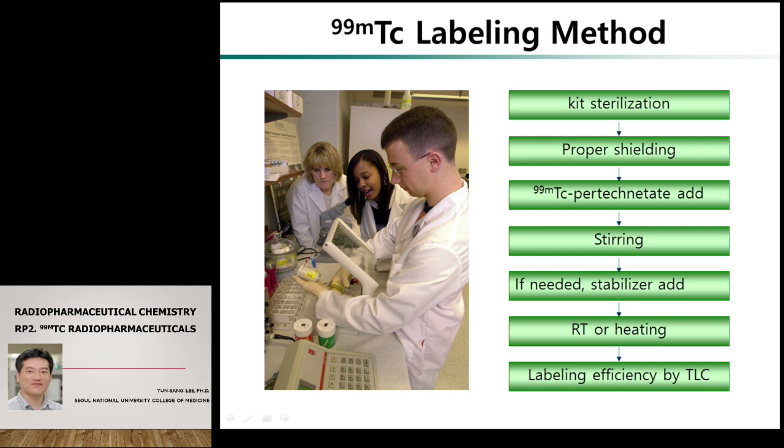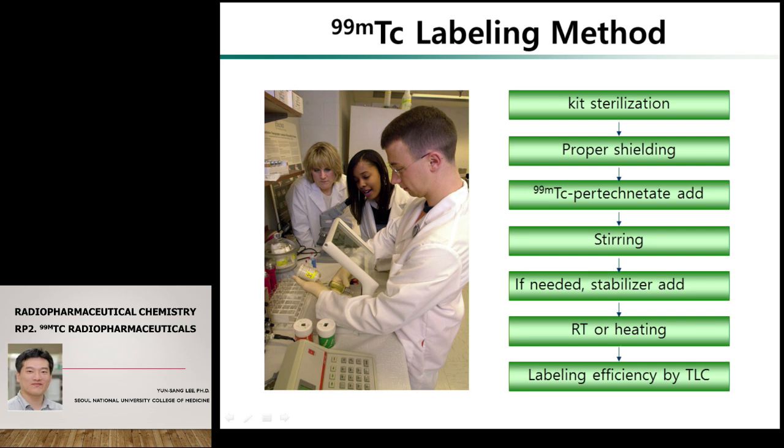And then after that, sometimes we have a problem with the patient image. Why? Because for all technetium labeling or preparation, every radiopharmaceutical should be checked with TLC, at least one TLC.